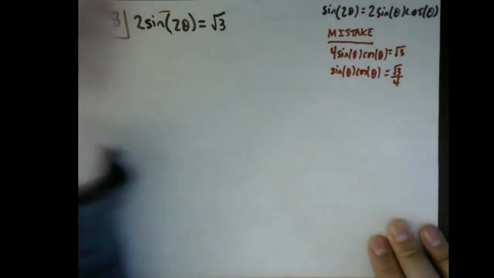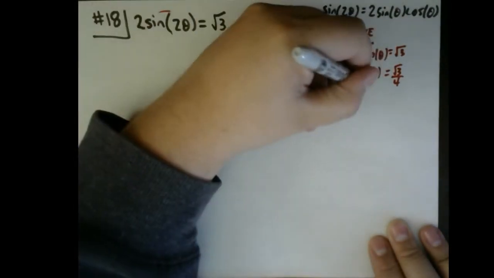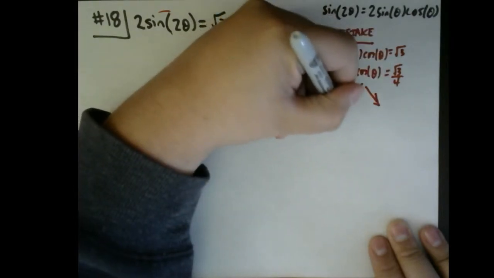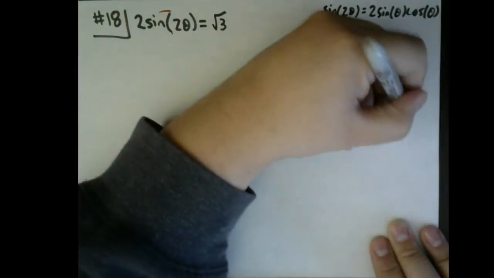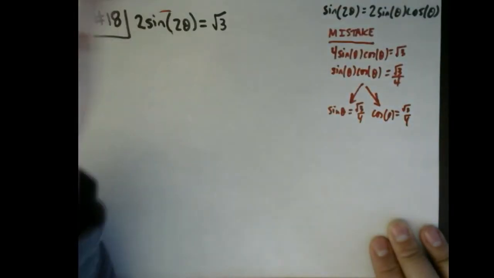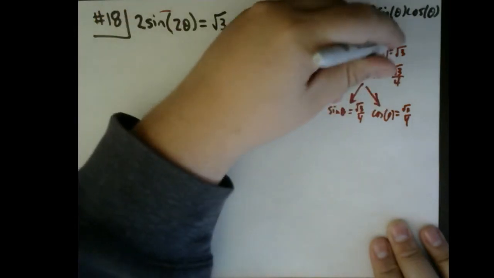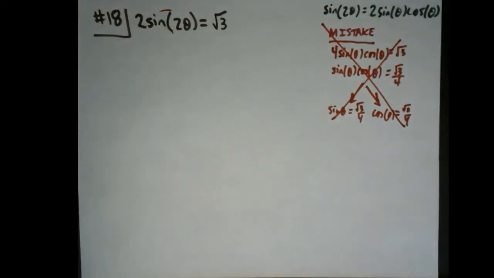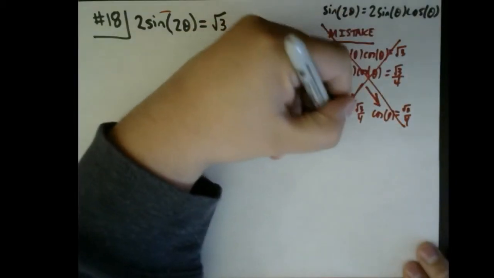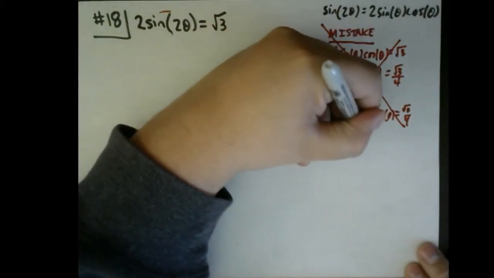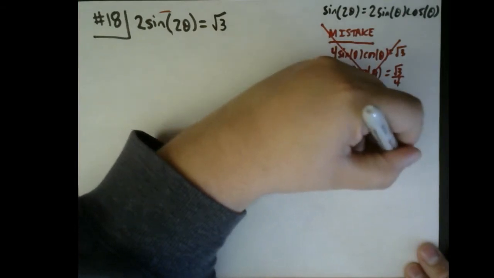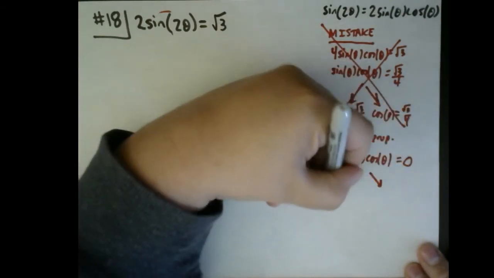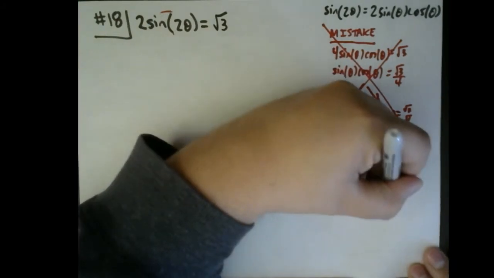And then for some reason, people will say, okay, I can split that up to say sine theta is root 3 over 4, cosine theta is root 3 over 4, and then somehow solve that. That is not correct. What you're making a mistake doing there is misusing the zero product property of the real numbers, which says correctly that if I had two things multiplying to 0, then I can say one of them is 0 or the other one is 0.